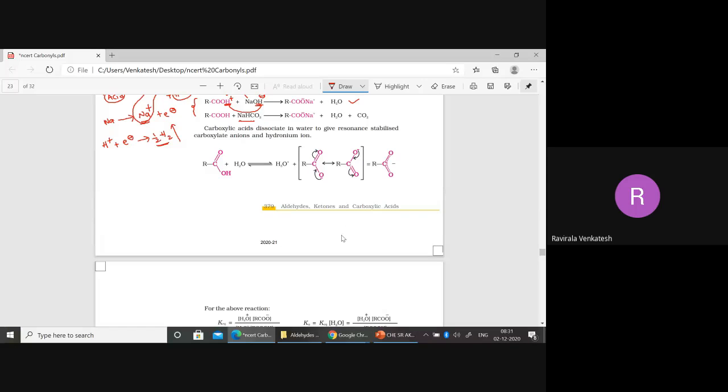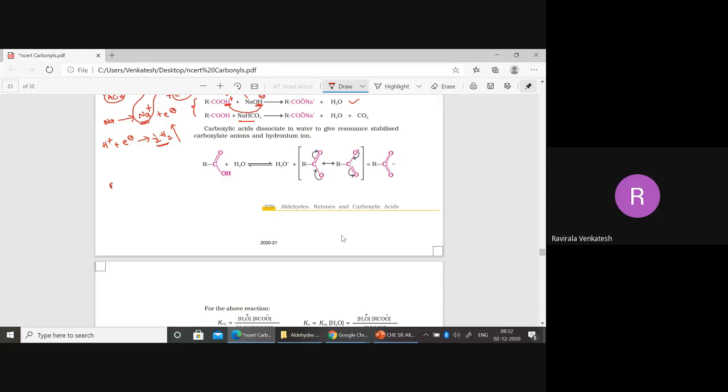Now, if you observe carboxylic acid, after releasing H plus, RC double bond O minus will be formed. If it releases H plus, you are going to get this structure. Then some resonance structures take place here to make this stable.